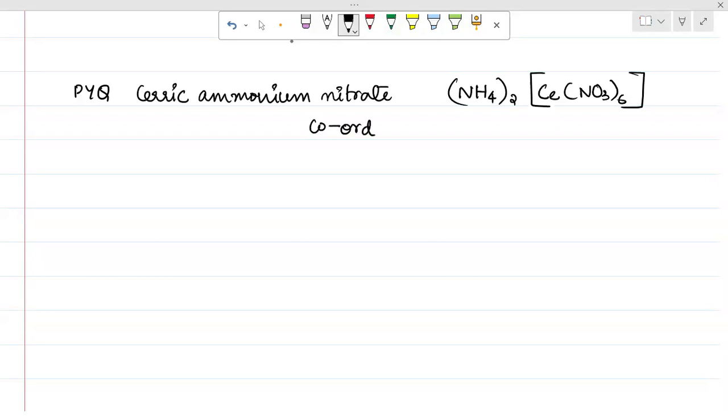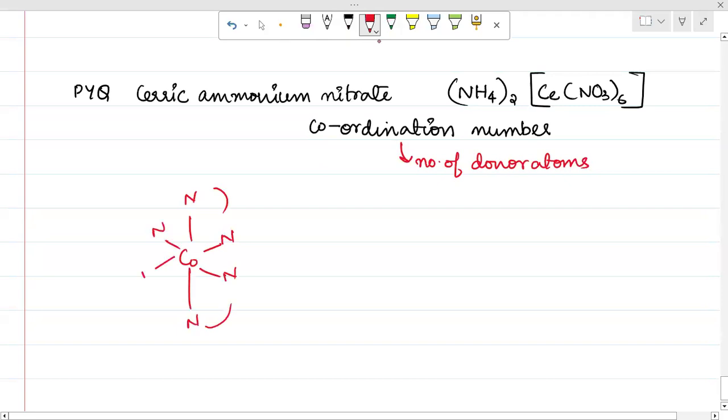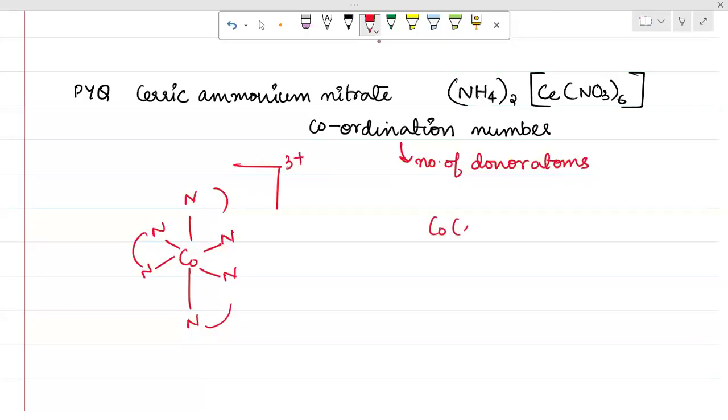What do you mean by coordination number? Coordination number is the number of donor atoms. Be careful. I have seen many students, many lectures where they say it is the number of ligands. No, it's not the number of ligands. It is the number of donor atoms. For example, cobalt ethylenediamine three, 3 plus.